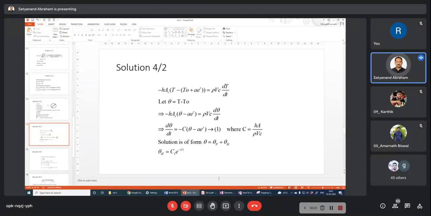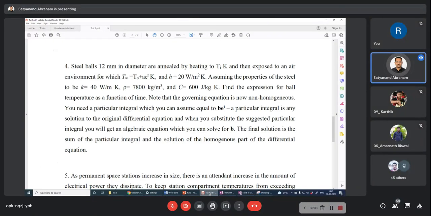Luckily for us, the particular integral is given as b into e raised to t.